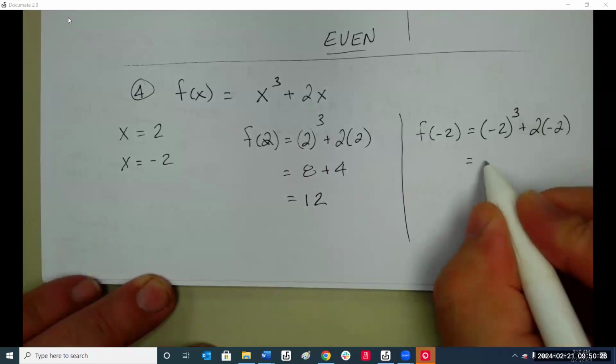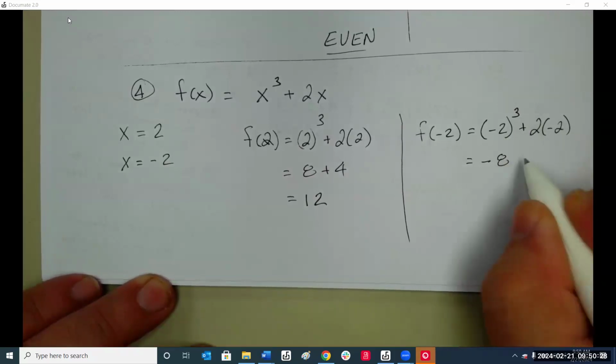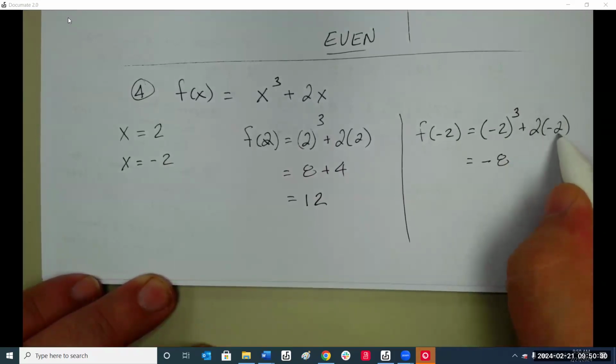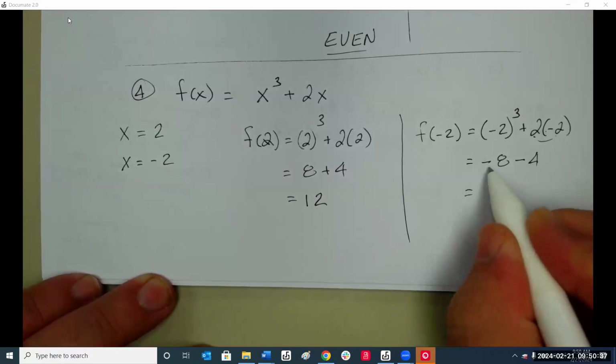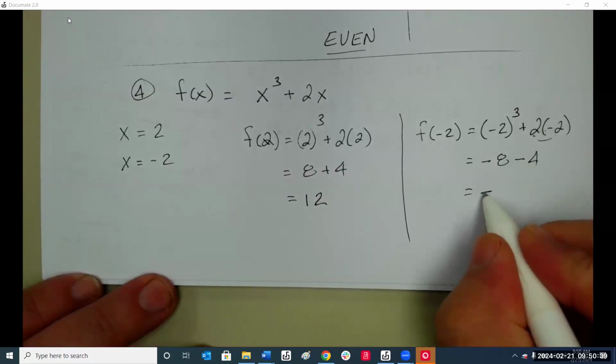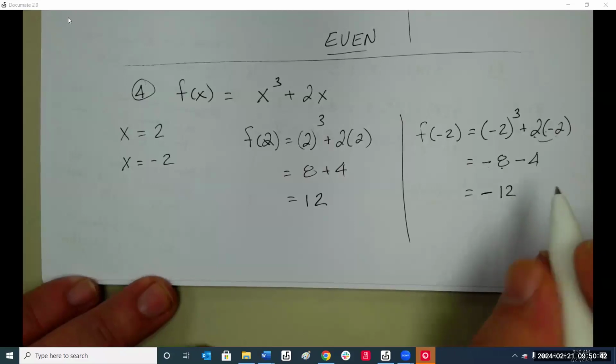So negative 2 cubed is negative 8. So 2 times 8, positive times negative is negative. 2 times 2 is 4. Negative 8 minus 4, they're both negative. 8 plus 4 is 12.